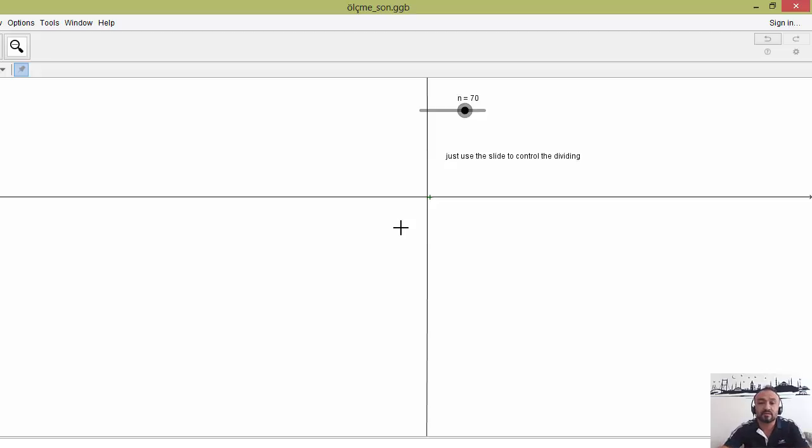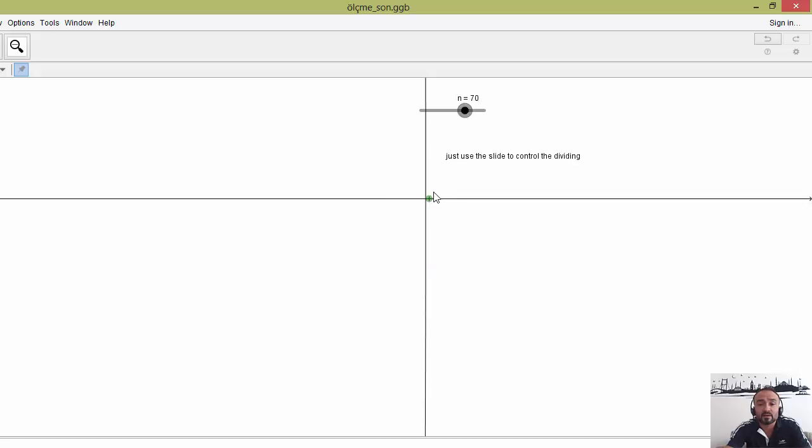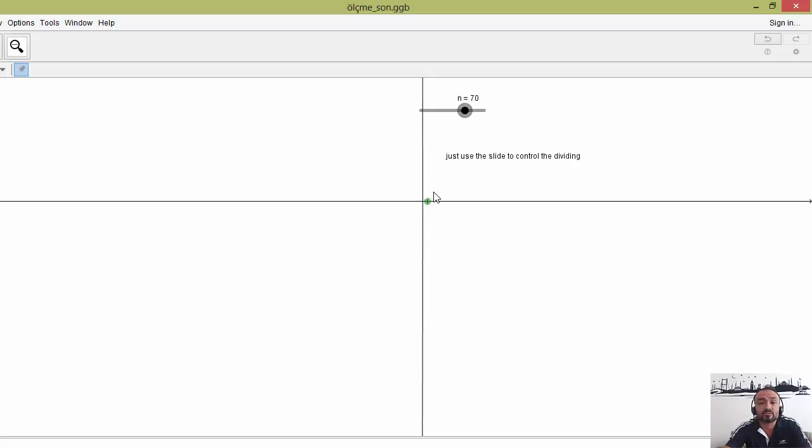But thanks to this dynamic application, I can change the partitions of the ruler quickly. You can assume that this is a dynamic ruler, and I can zoom in greatly to understand that none of the partitions worked.